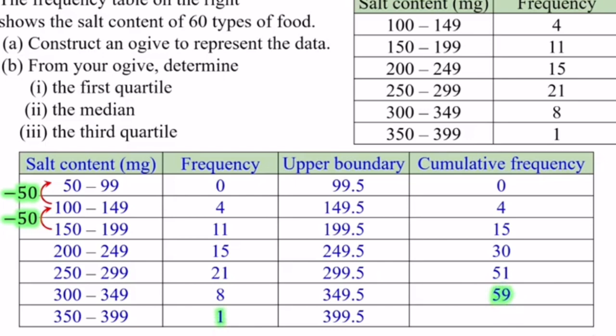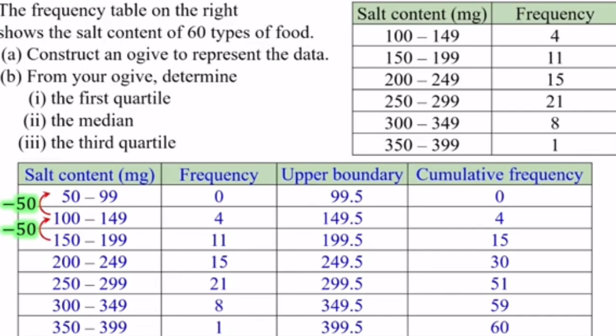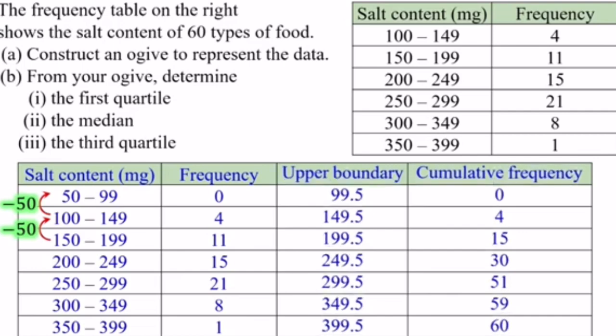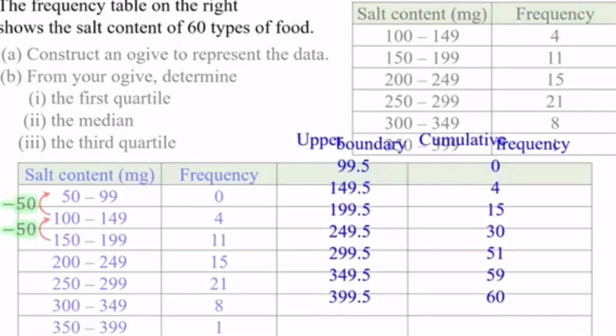That is the sample of food which we are doing the research on. So the sample space, or total sample, is 60. Finally you have to tally the 60 with the total given. Always double check. So that is how you prepare the cumulative frequency with the upper boundary for an Ogive. Every time you do an Ogive, you have to do it like this.